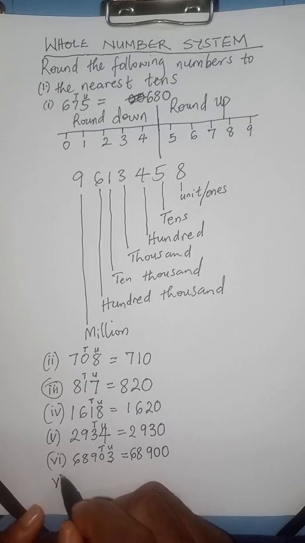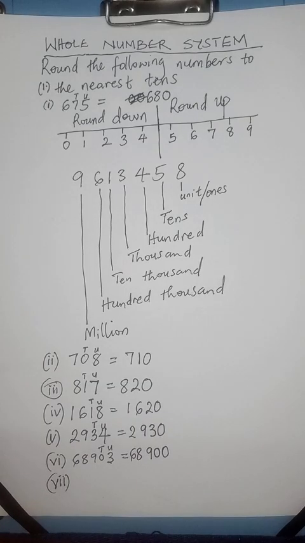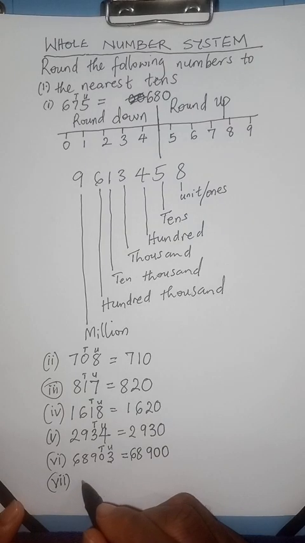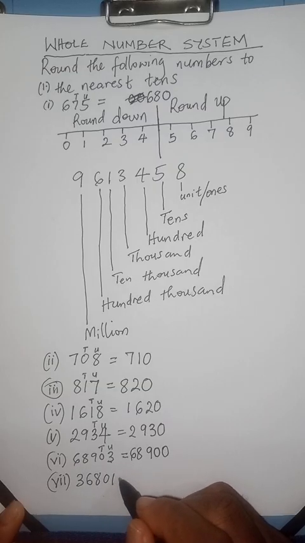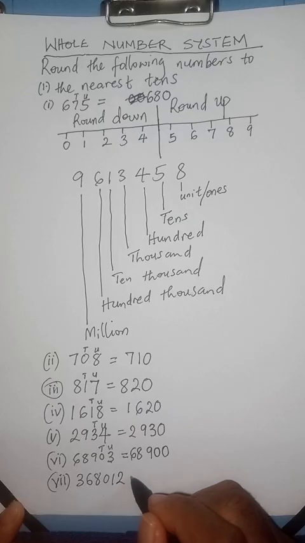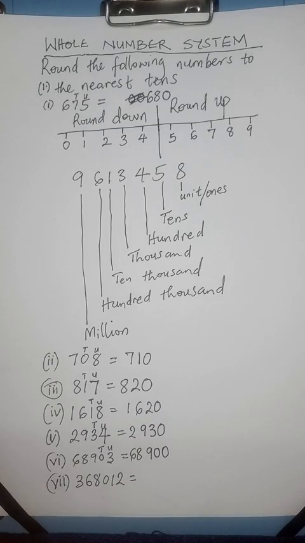Number 7. Let's assume I have 368,012. Now, 368,012.